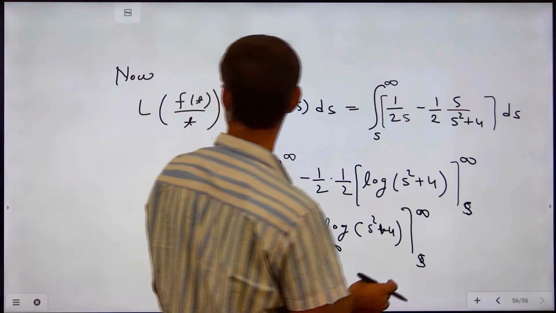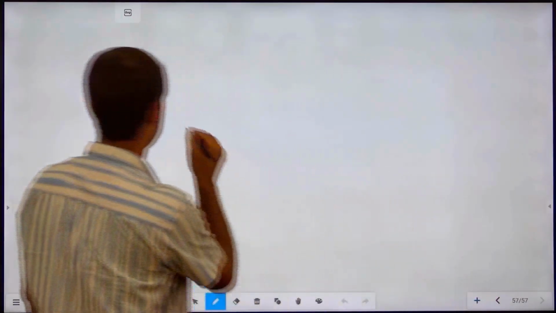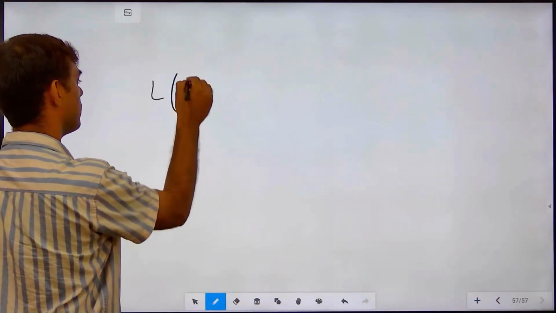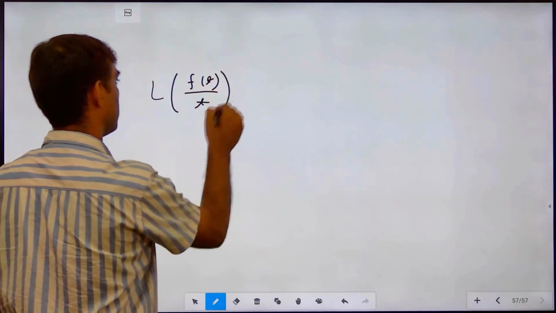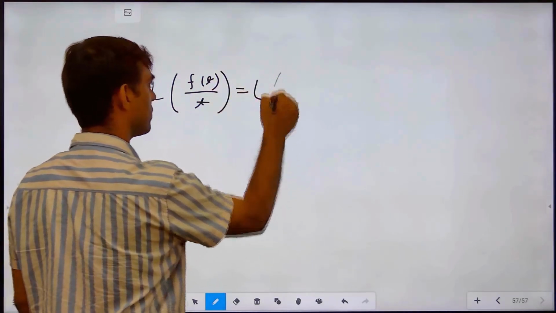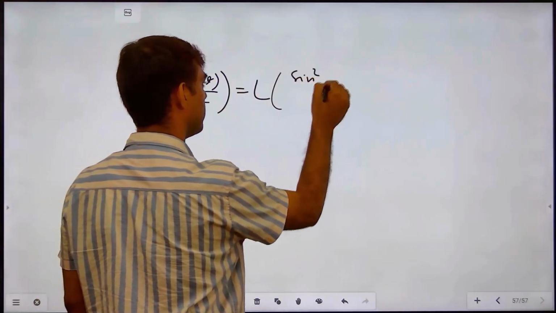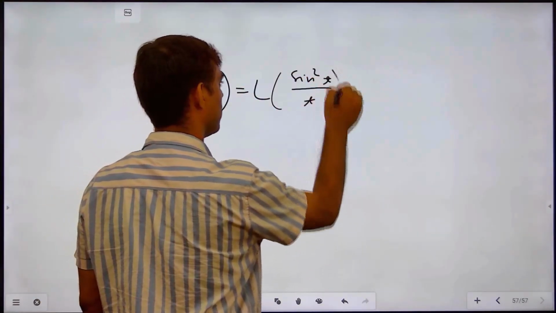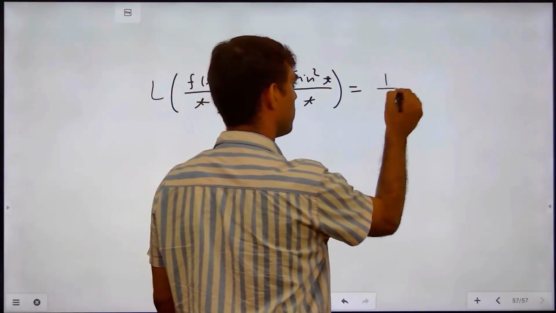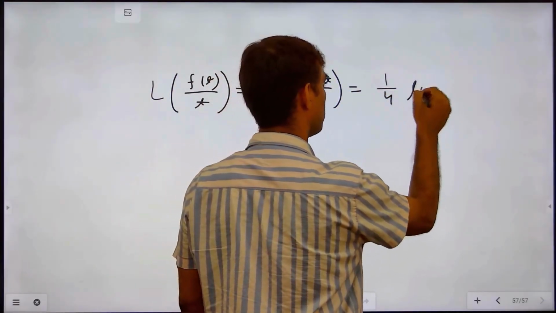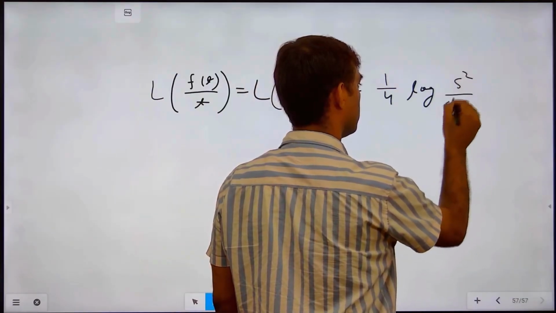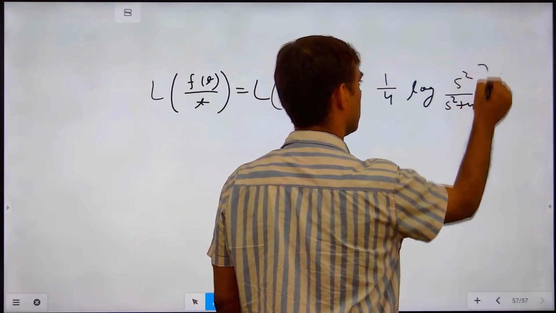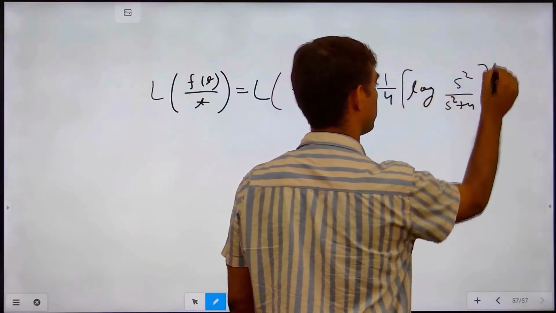Now we simplify this one. So the Laplace transform of f(t)/t, or the Laplace transform of sin²t / t, becomes 1/4 log of s²/(s²+4), with limit s to infinity.